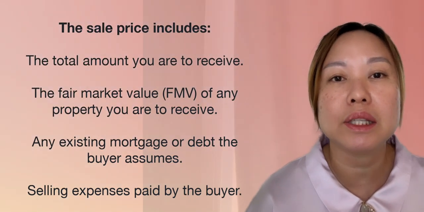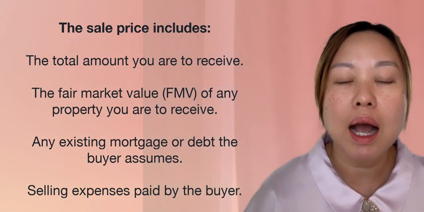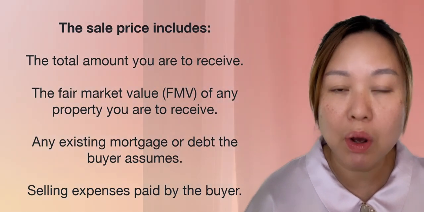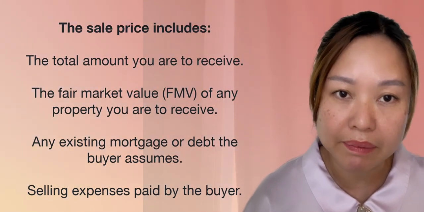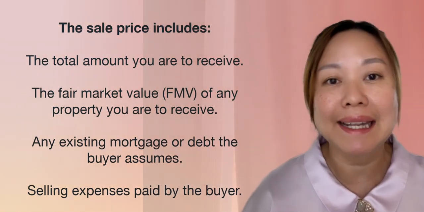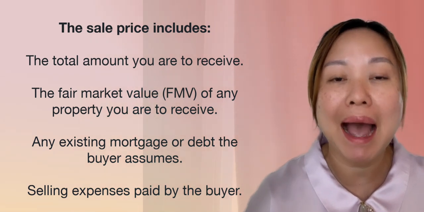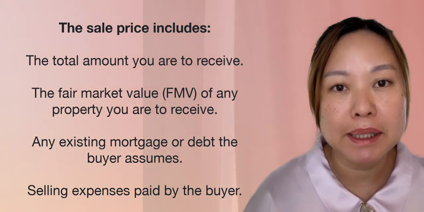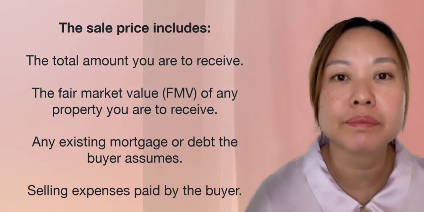The sale price includes the total amount you are to receive, the fair market value of any property you are to receive, any existing mortgage or debt the buyer assumes, and any selling expenses paid by the buyer.